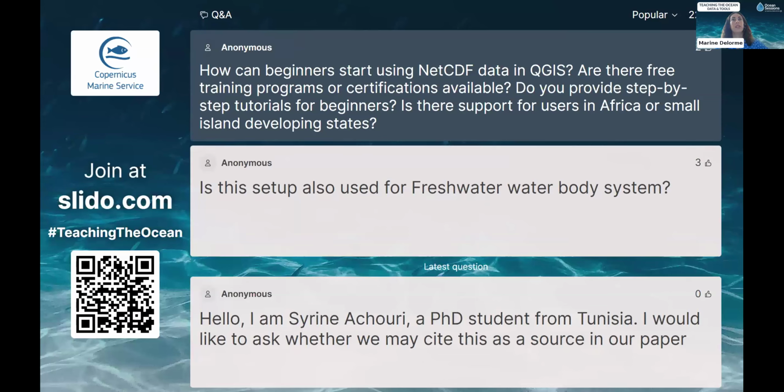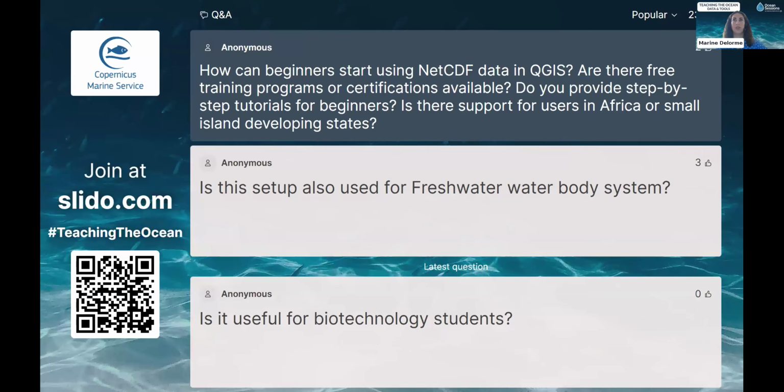So we definitely have tutorials on QGIS. There is a plugin that was developed a few years ago to open NetCDF data into QGIS. The plugin is called NetCDF to QGIS. So you can download it directly from the Copernicus Marine service website. Once again, you can ask Blue and it will be able to direct you towards the plugin to download.